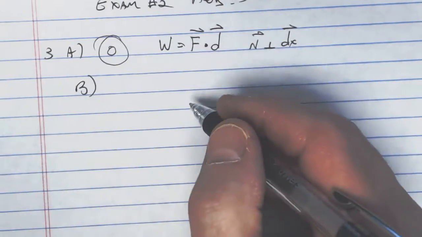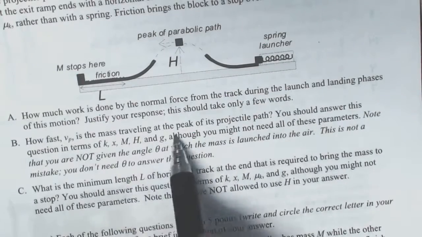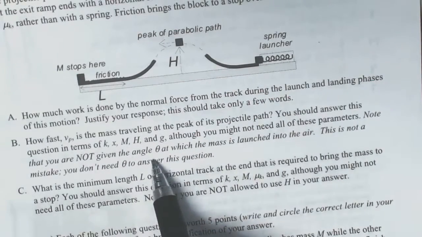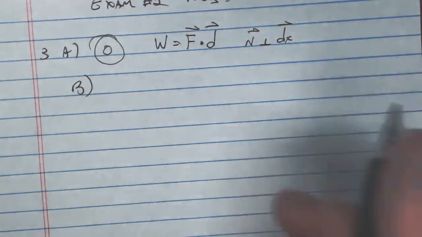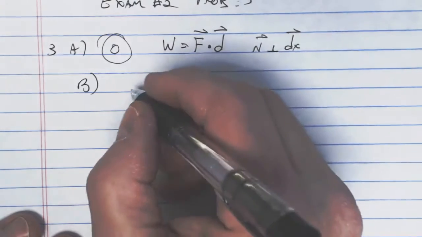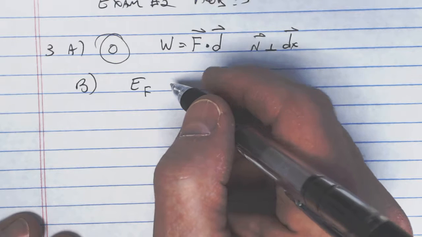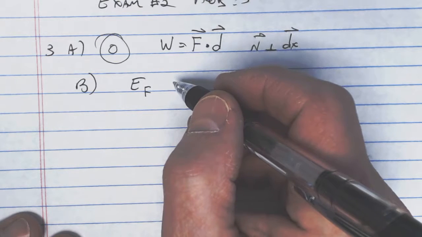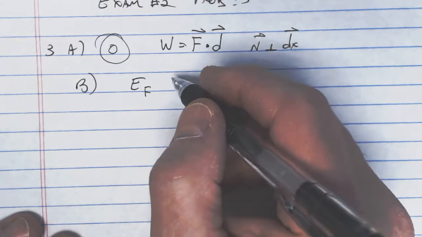Part B asks, how fast is it traveling at the peak of the path? You're allowed to use all these parameters, but you don't have the angle theta. Whenever you're asked a question like this, the first thing to do is think of work energy. There's no loss of energy from the beginning until the peak, as long as you use potential energy for gravity.